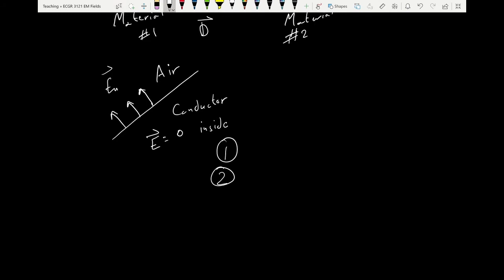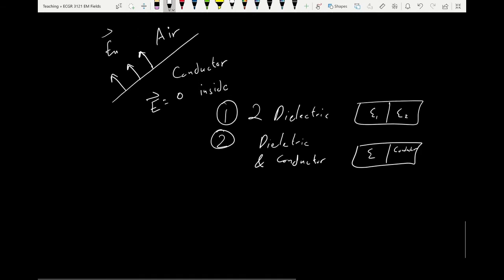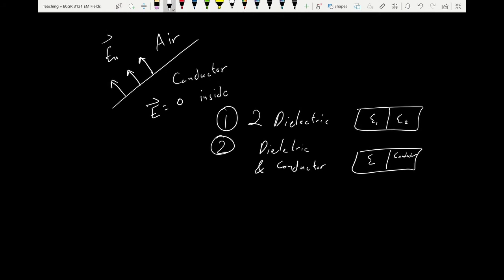Question 1 is, what happens if we have an interface between two dielectrics, epsilon 1, epsilon 2, and then dielectric and conductor, where I have an epsilon and then a conductor? So the short answer is that we apply the postulates at the interface.